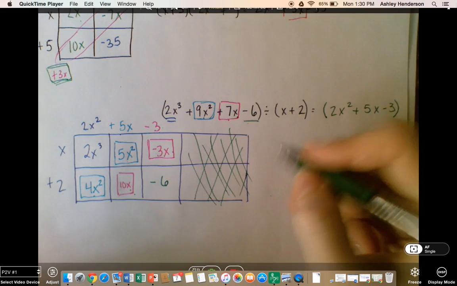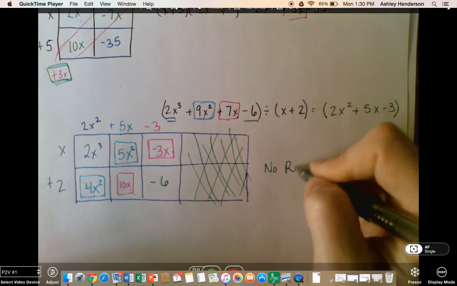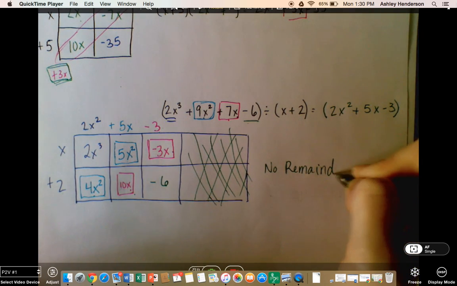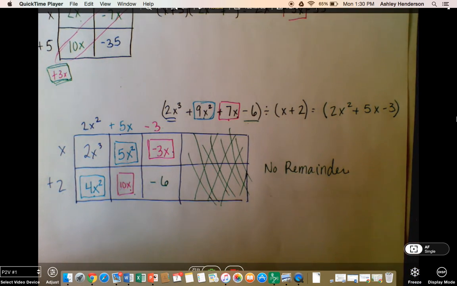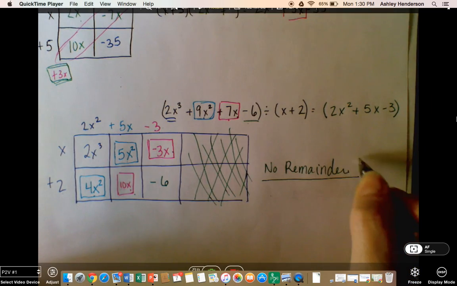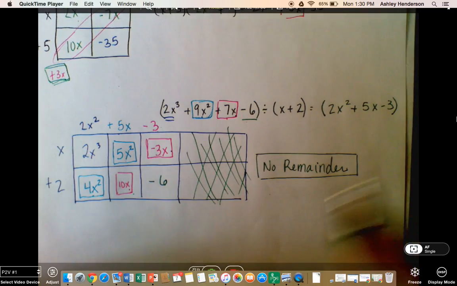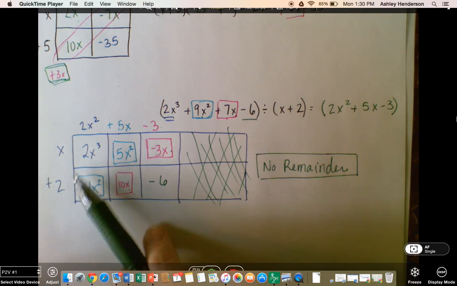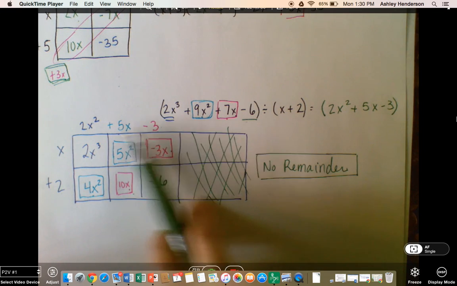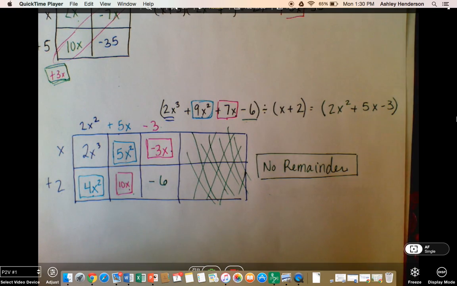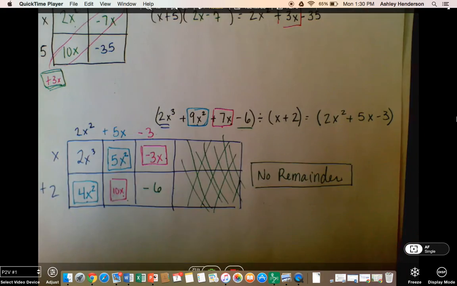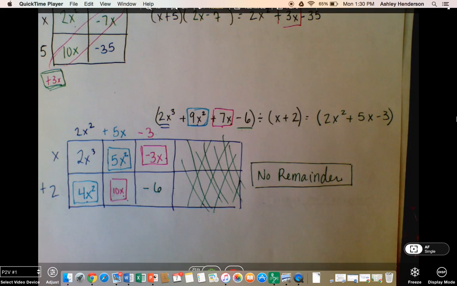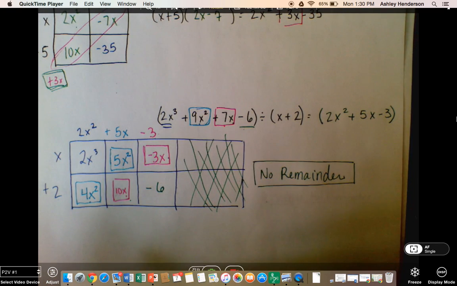For now, this is with no remainder, and we may decide to come back later and look at some with remainders, but this is helping us build an understanding of what it means to divide a function by another function and get an output. The next video will be more of an algebraic interpretation of dividing polynomials. So this is visual, and then we're going to look at algebraic operations next.